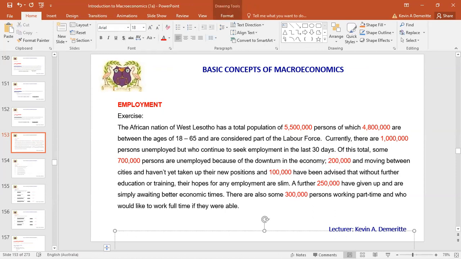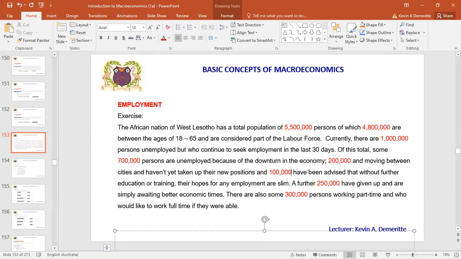These are the people who gotta go back to school. These gotta be hardcore unemployment, right? Because they've been advised that unless they get more education or training, their hope for any kind of job is slim. So it's not because the economy is going up or down. Whatever skills these people have, nobody wants.